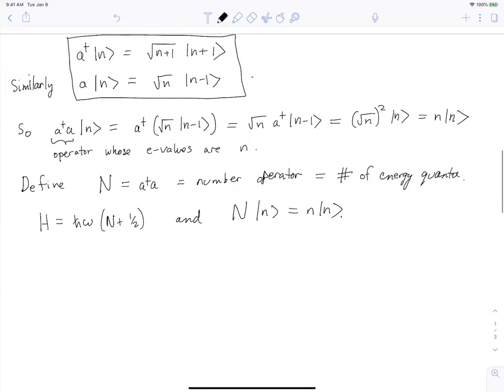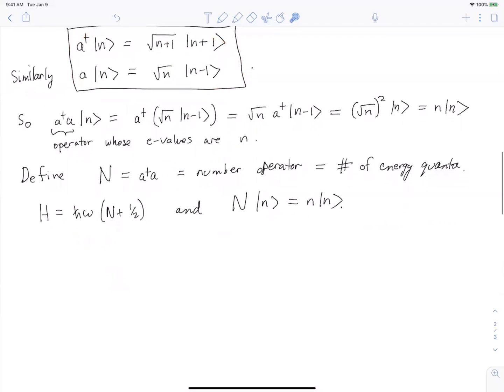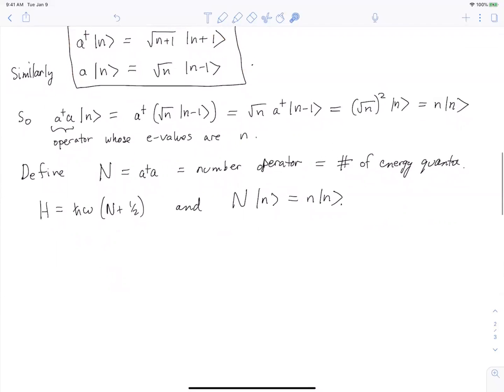Other things we can do using these nice equations are compute basically any matrix element we want. So, matrix element examples.